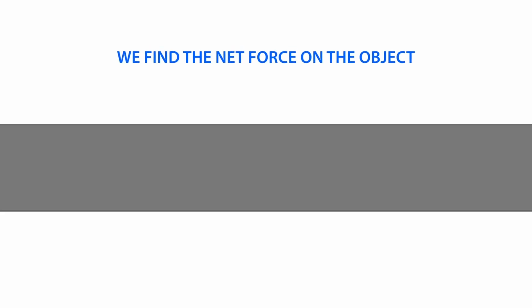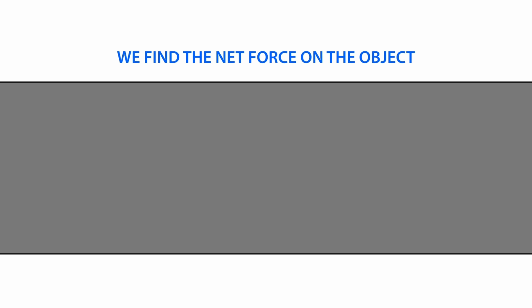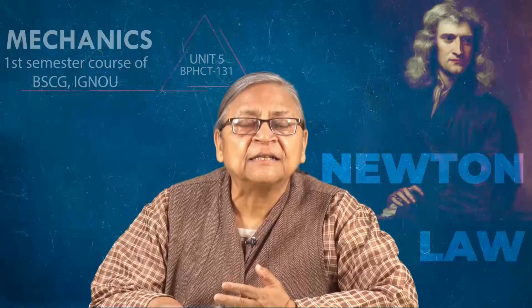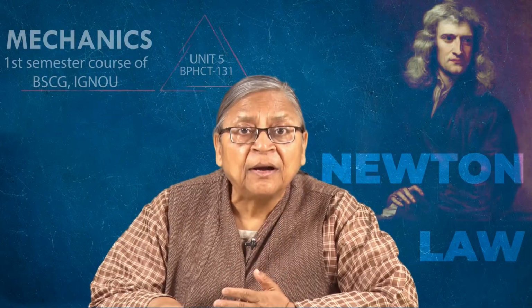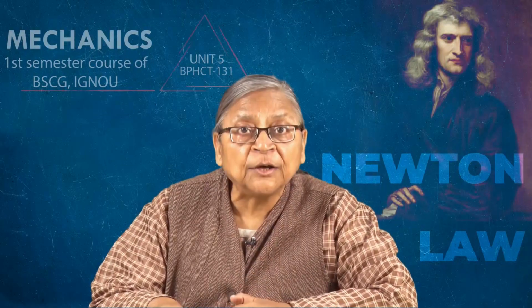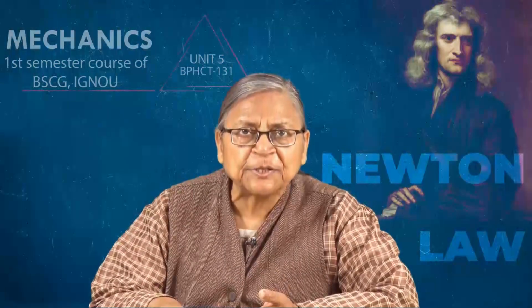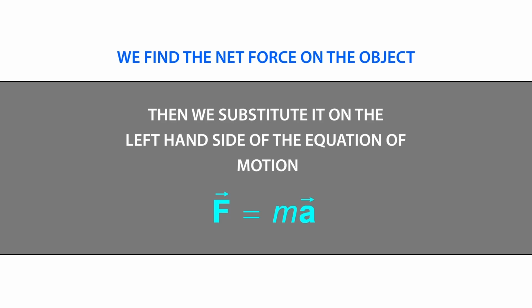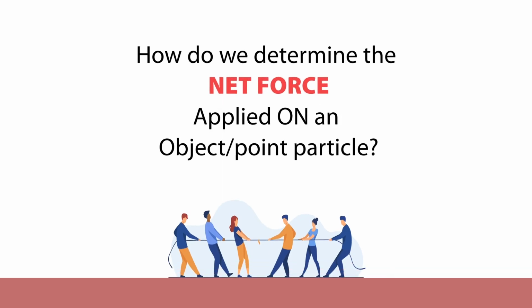We find the net force on the object. These are the words to remember: net force on the object, of course, which is represented as a point particle. Then we substitute it on the left hand side of the equation of motion. And so the next question is, how do we determine the net force applied on an object or point particle?